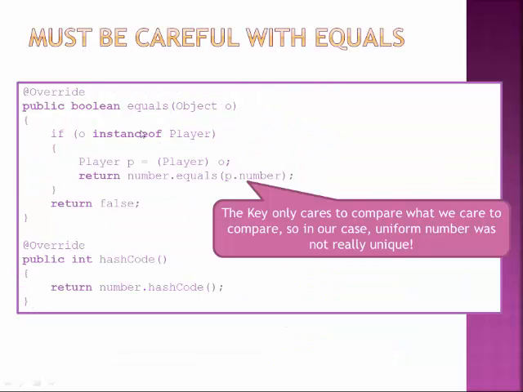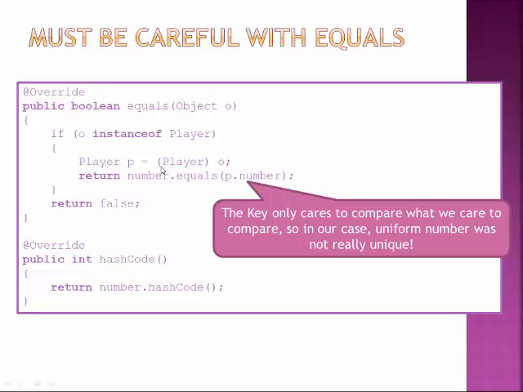So within your equals method, when you do an override of equals, and as I promised we would show that here, the equals method is an override from Object. And the first thing I normally do in the equals method is make sure that the object I'm comparing it to is actually an instance of the same thing I am, a player in this case. And then if that's the case, I'm checking if they have the same number.